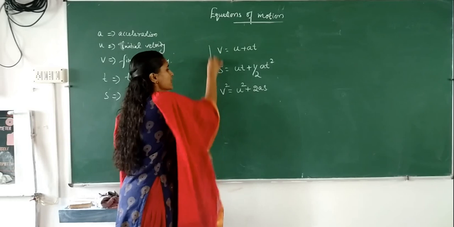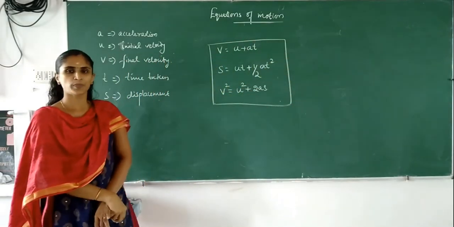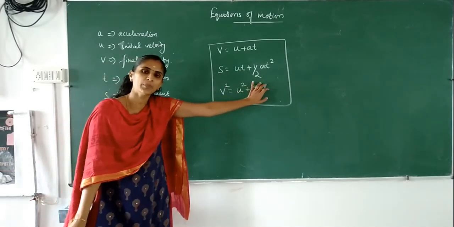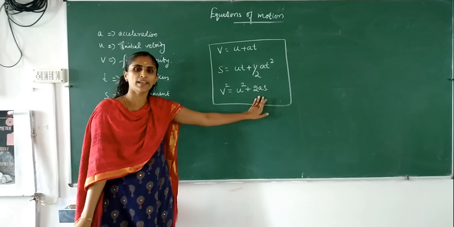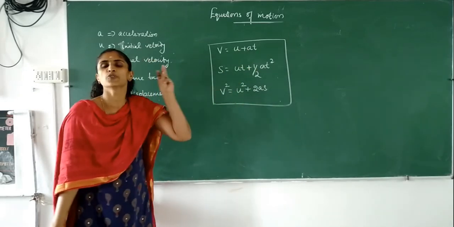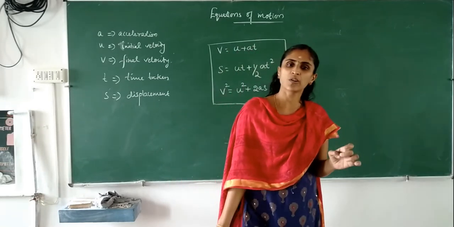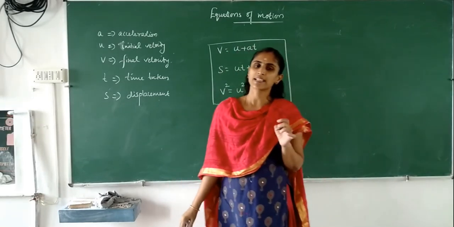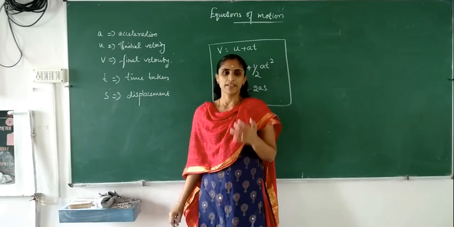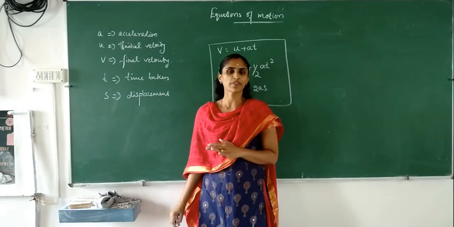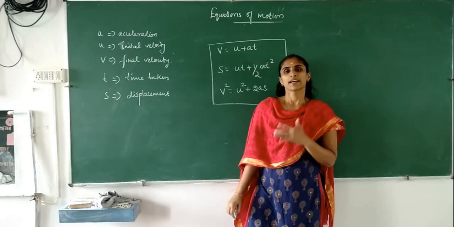Here u represents the initial velocity, v the final velocity, a the acceleration, t the time taken, and s the displacement. Is it clear to everyone? And in the next class we will solve problems related to these.